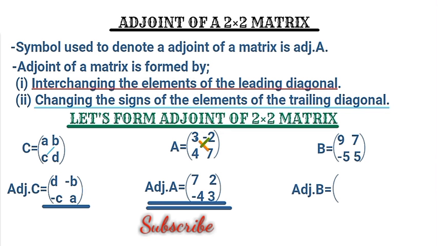I'm going to swap those elements because that's what we are told in step 1, which says interchange the elements of the leading diagonal. So it's going to be 5, 9. So 5 has gone on top, 9 has come down.